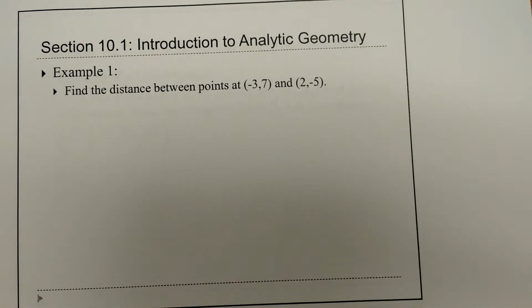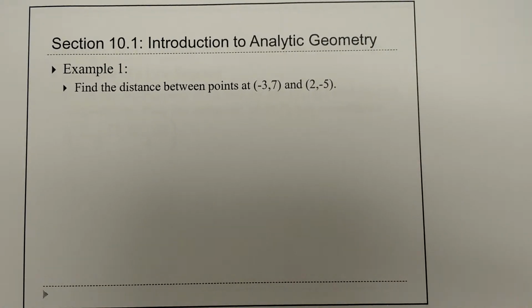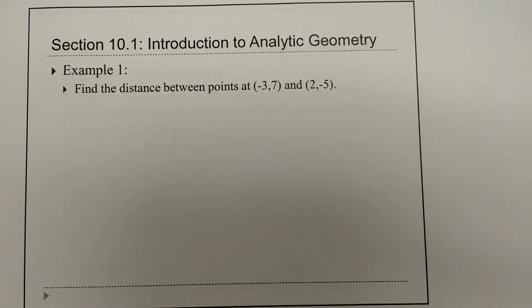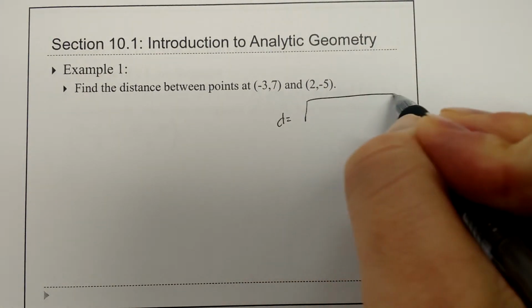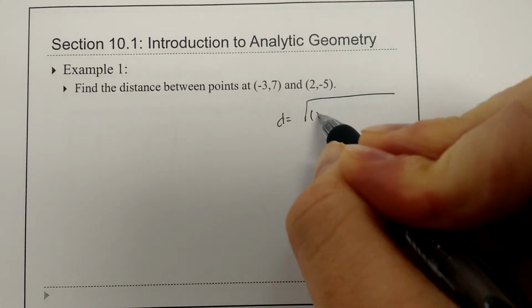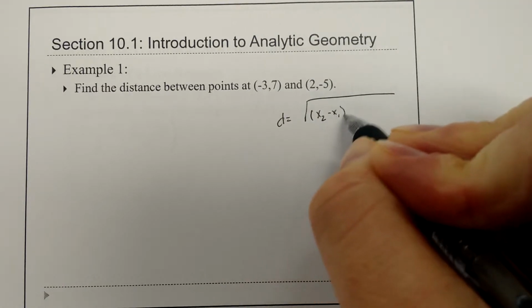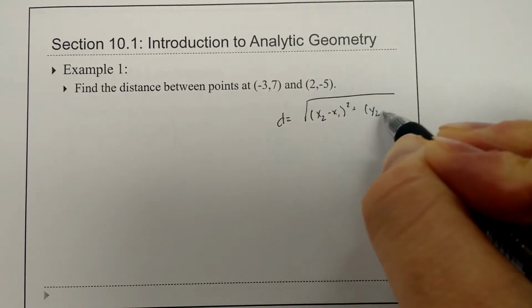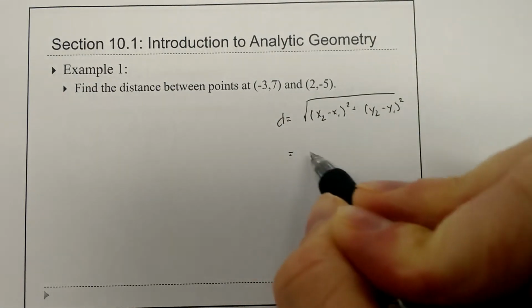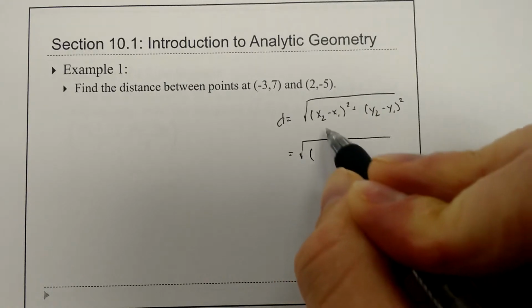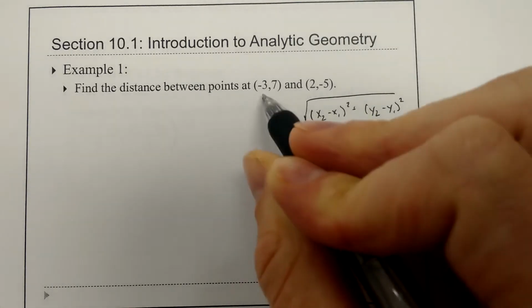So first example here, find the distance between the points negative 3, 7 and 2, negative 5. The distance formula looks like this. Filling in our values, that's the square root of the quantity x2, which is 2, minus x1, which is negative 3.